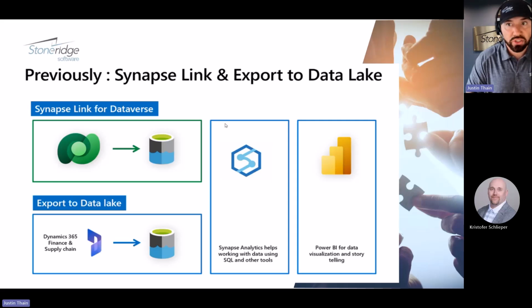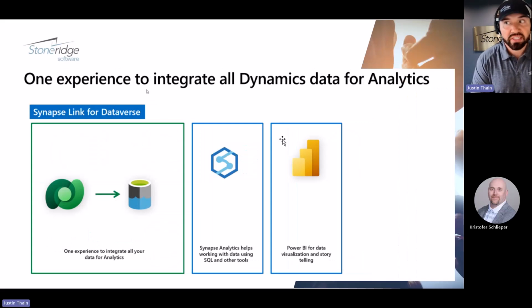Our next slide shows one experience to integrate all our Dynamics data. Synapse Link for Dataverse is designed for big data analytics. It's designed as one platform that uses the common data model to store all our data across Dynamics applications. So that's F&O, CE, and other applications that we would want to bring in data to use for our reporting.